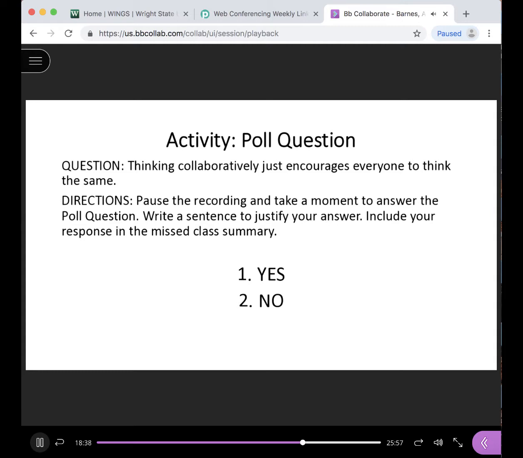Please write a sentence or two justifying why you agree or do not agree. Please pause the recording, take a moment to write that down or type, and also include that in your missed class summary.